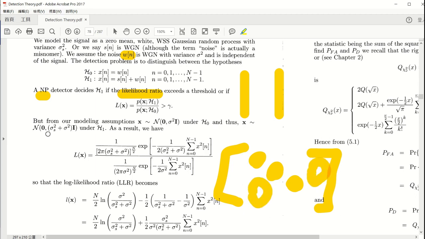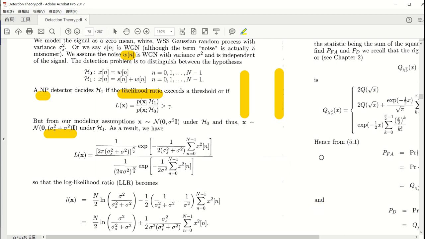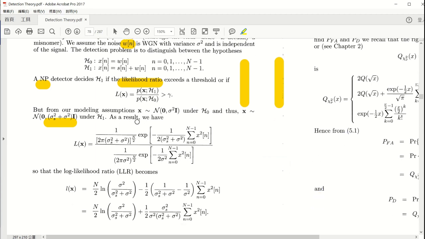So that's what this means. That's the distribution for H1. As a result, we have this L of x equal to this.